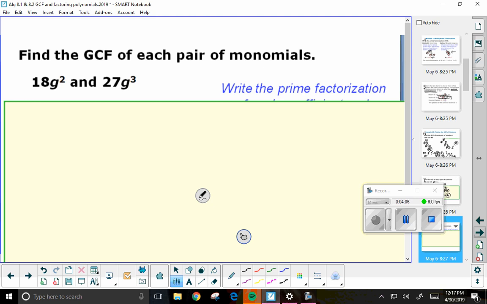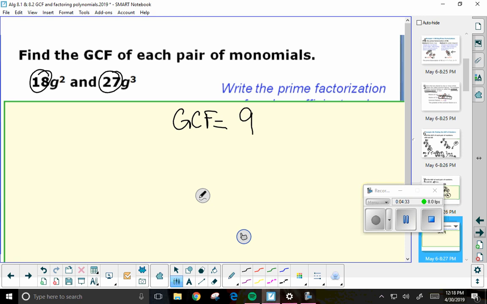Okay. Now, sometimes we'll need to find the greatest common factor of monomials. On this one, the first thing we would do is find the greatest common factor of 18 and 27. And you guys can probably do that in your head. The biggest number that goes into both 18 and 27 is 9.